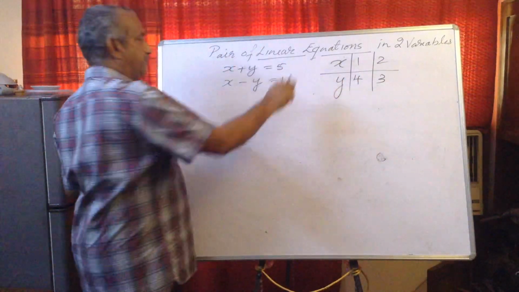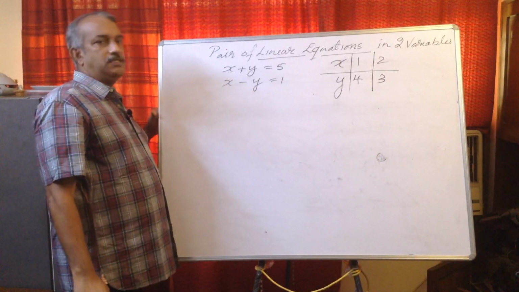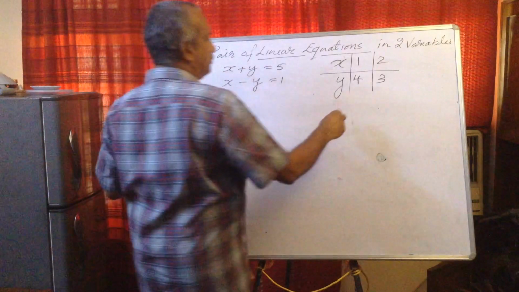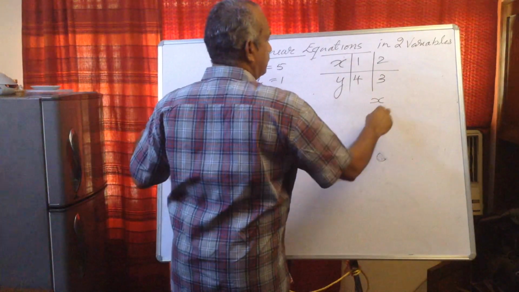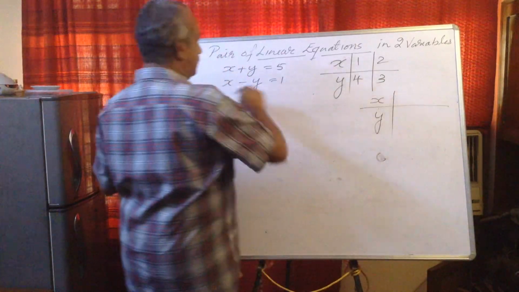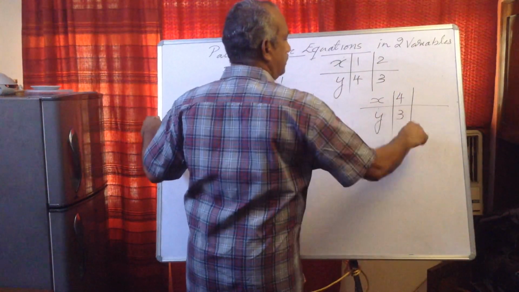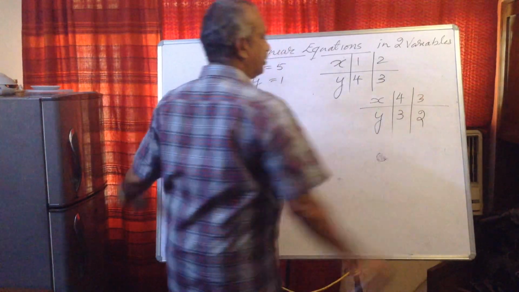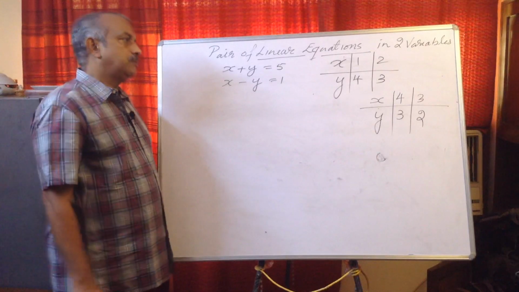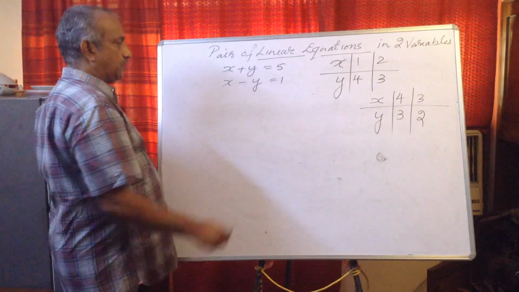I am talking about the first equation. 1 plus 4 is 5 and 2 plus 3 is also 5. So these are the 2 solutions. Now for the second equation, x, y, the difference should be 1, say 4 and 3, and 3 and 2, because 4 minus 3 is 1 and 3 minus 2 is also 1. So we have got two solutions, and we will draw the graph.